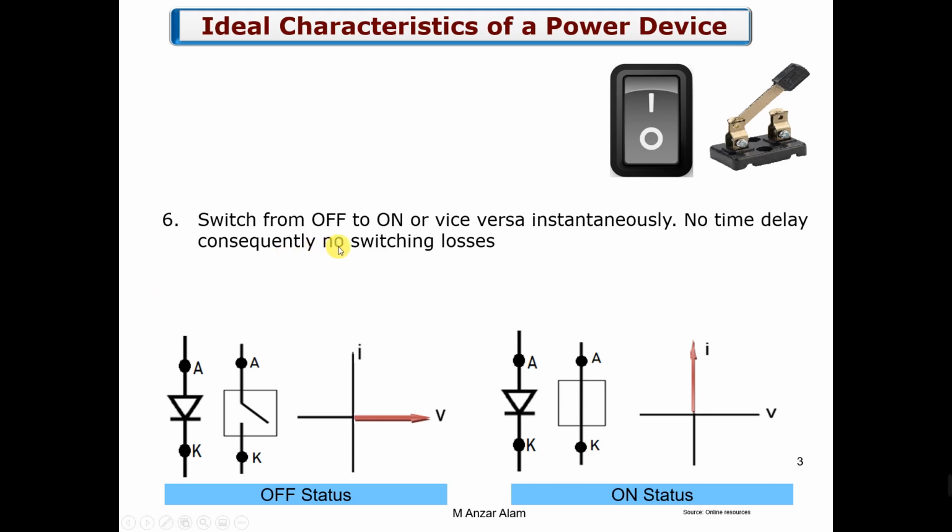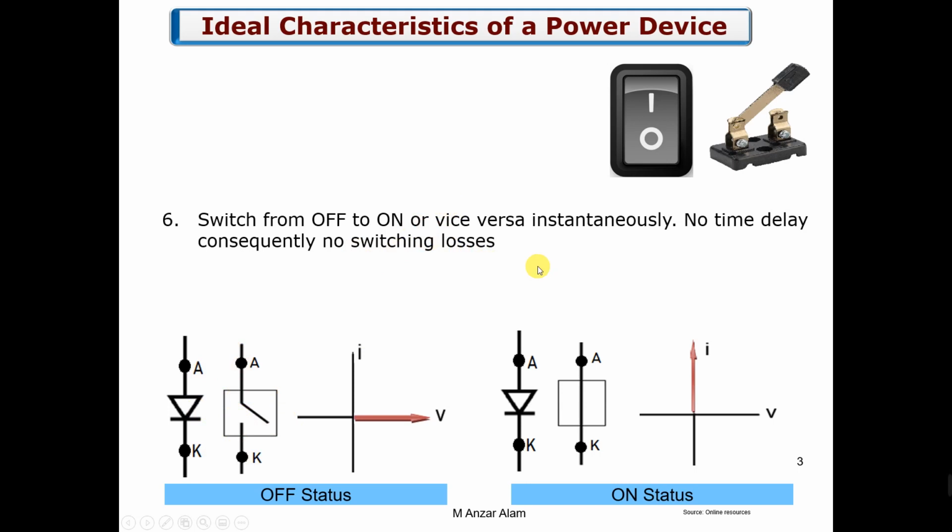So switching from off to on or from on to off should be instantaneous, without consuming any time, ideally, but it's not possible. The ideal things do not exist. Consequently, there will be no switching losses. For the ideal diode, there should be instantaneous turn on, instantaneous turn off, no power losses when it is being turned on, and no power losses when it is being turned off.